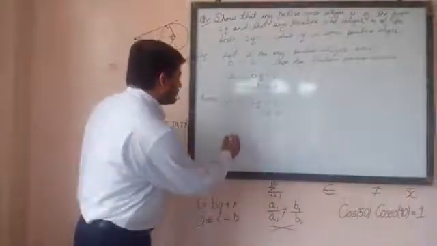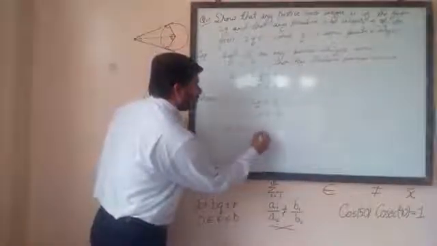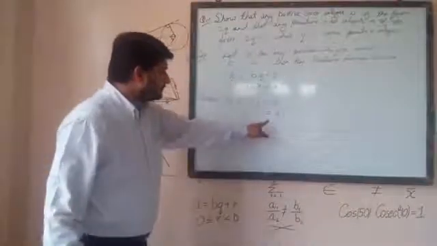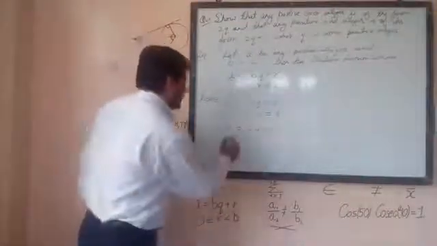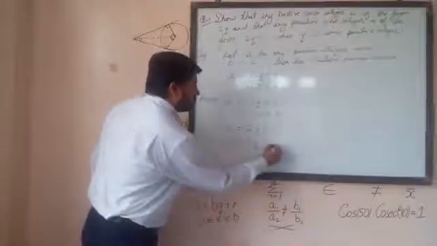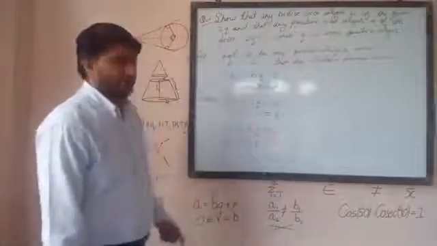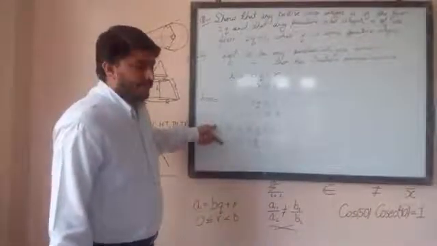So we have two forms of A, that is A equals 2Q plus 0 and A equals 2Q plus 1.